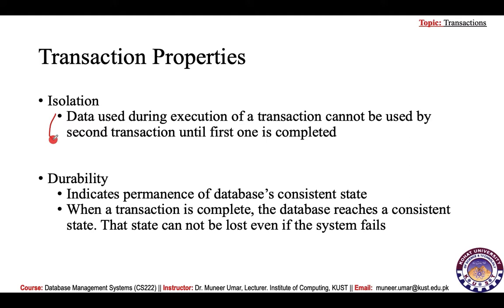We have different mechanisms to perform such type of operation. We can lock an item for a particular transaction, so that the locked item will be accessed only by the executing transaction, and the rest of the transactions will not be able to access that item.